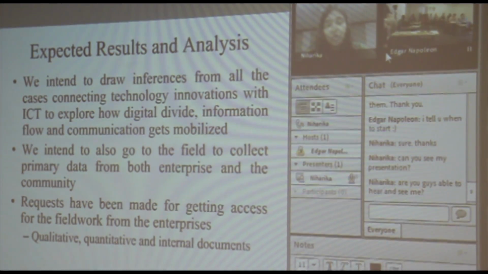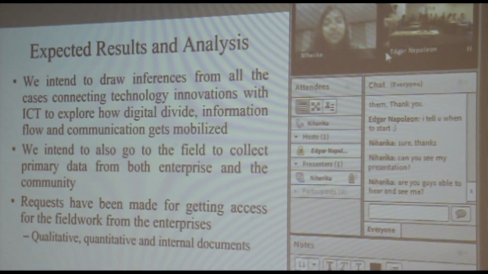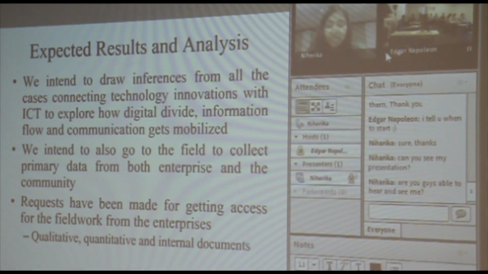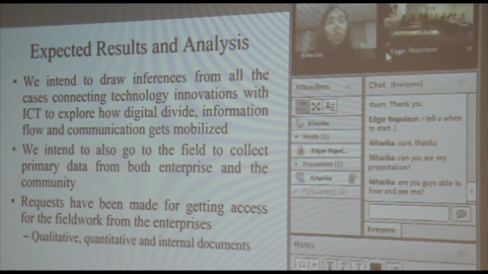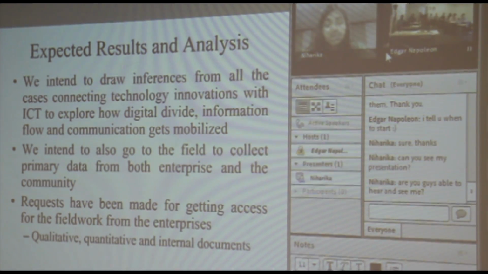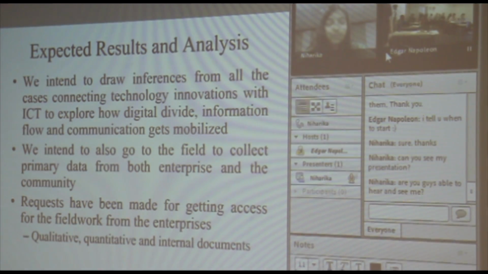We are also trying to connect not just to the enterprises but also to the community, because we need to talk to the people in the community and see what impact they see and understand their economic and social problems in adopting and understanding technology innovations and ICT. We have started making requests for fieldwork from these enterprises, and currently we are seeking information qualitatively, quantitatively, and any published documents that they are willing to share with us for our research.